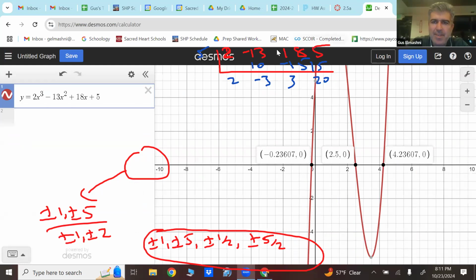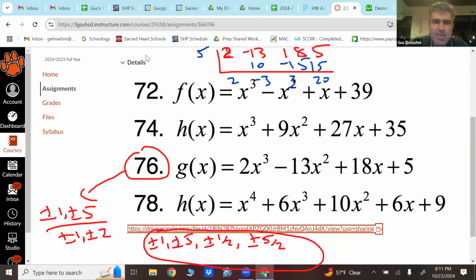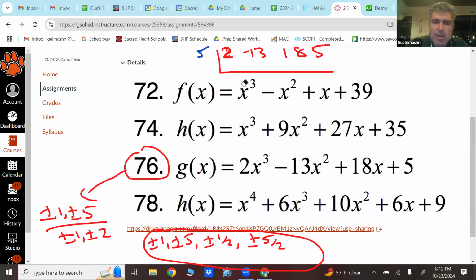I think 5 halves. Let's try this again. I swore I thought we did 5 halves. 2, 5, -8. I probably did positive 20, -20, -2. All right. So you get 2x squared minus 8x minus 2, and then do the quadratic formula after that.